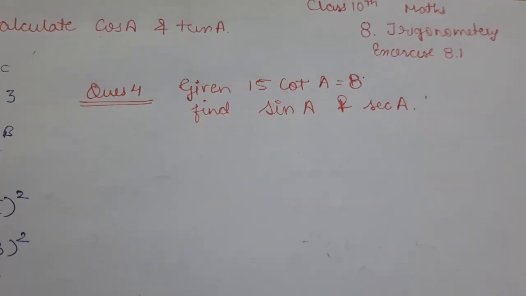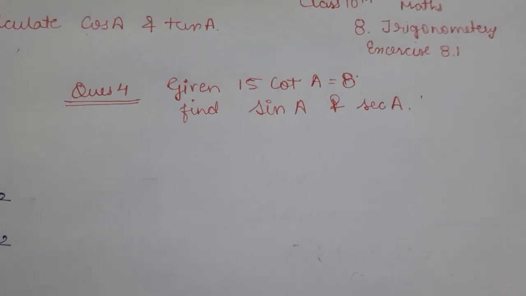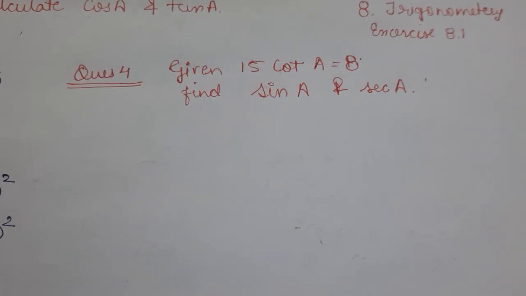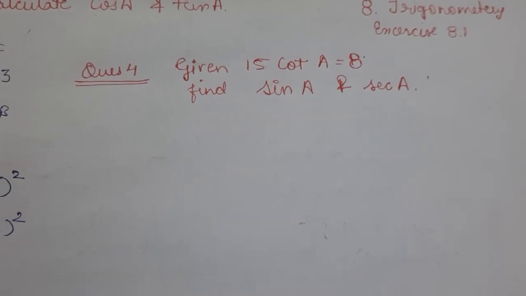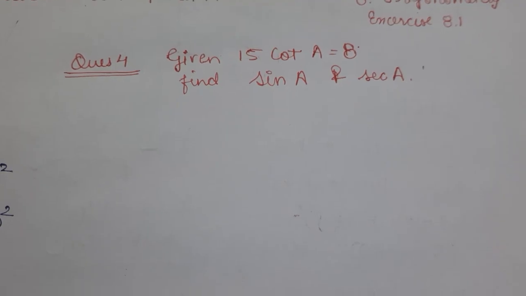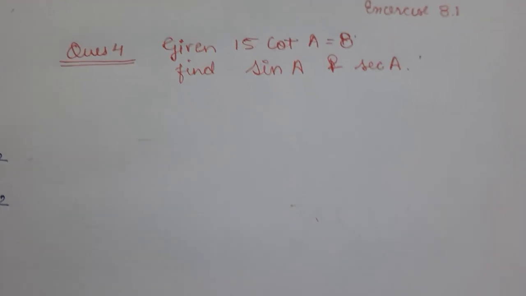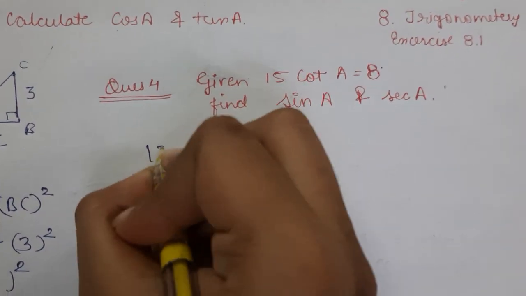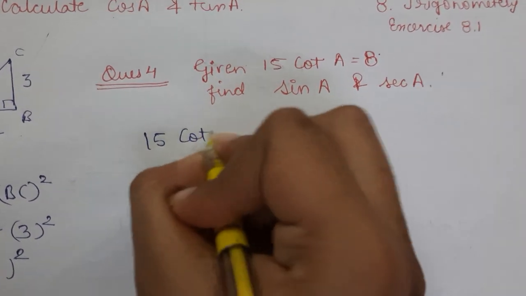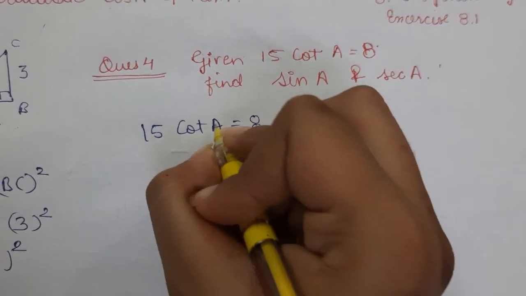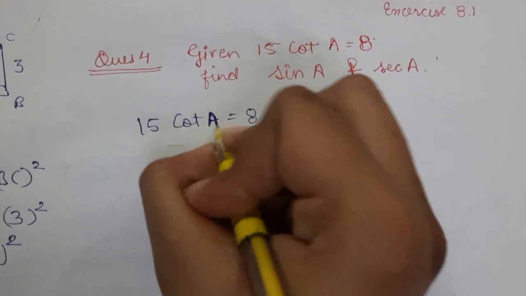Let's continue in this video with question number 4 from the same exercise. The question says that it is given that 15 cot A equals 8, and we need to find the ratio for sine A and sec A. So first of all, it is given as 15 cot A, and we know that all these trigonometric values are ratios.